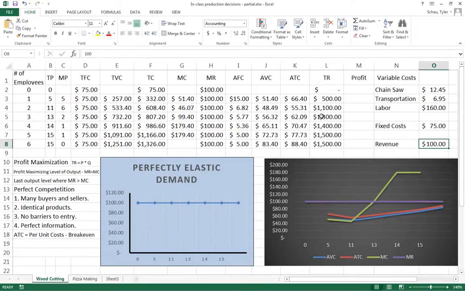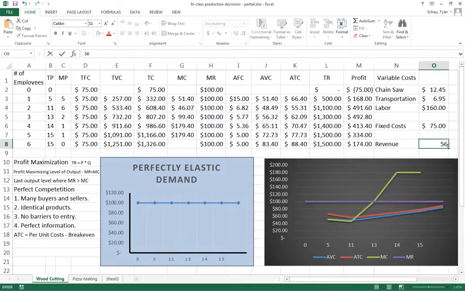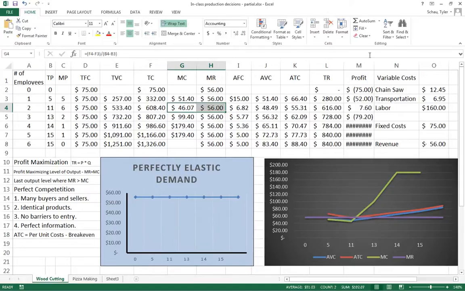Okay. The reason finding the lowest point becomes so important is, and I'm going to go back and pull the profit in here, is now all of a sudden I can see what happens when price changes. Okay. And so let's say price drops to $56. I know I'm still going to be profitable because at $56, the marginal revenue equals marginal cost test is going to occur at this level here.